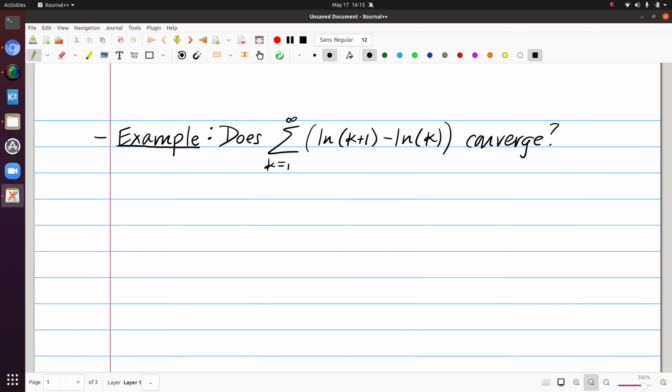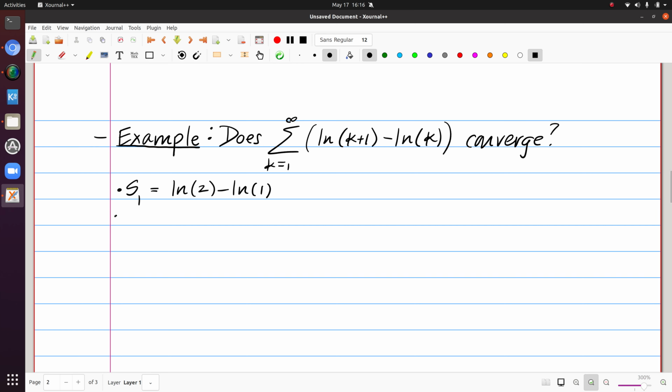Here's another telescoping sum. Again, notice the terms involve a difference, and what you're subtracting looks very similar to the positive part. If I suspect that it's telescoping, my immediate approach is to list out partial sums. The first partial sum is when k is 1, so that should be log of 2 minus log of 1.